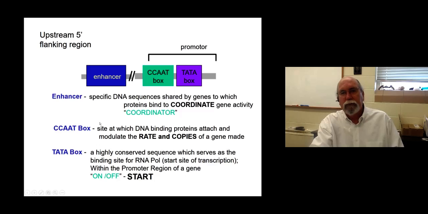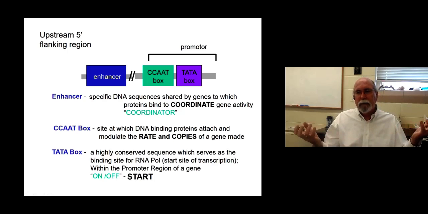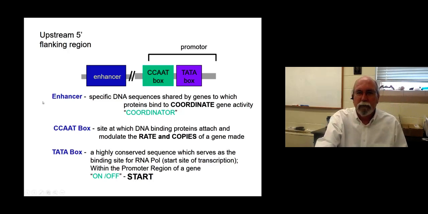So enhancers are thought of as specific DNA sequences. They're nothing but sequences, and they are shared between genes, and they coordinate the activity of genes. Right, so they're actually a coordinator. So they're the first things that kind of activate to help make all of this function. And again, when we talk about gene regulation, we'll spend quite a bit of time talking about how enhancers work.